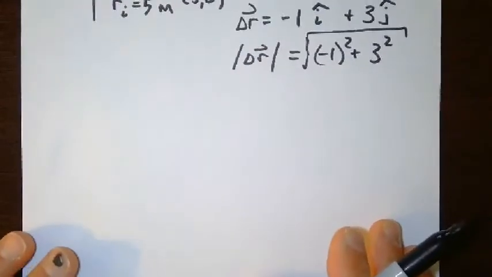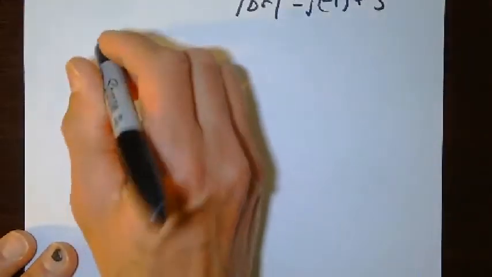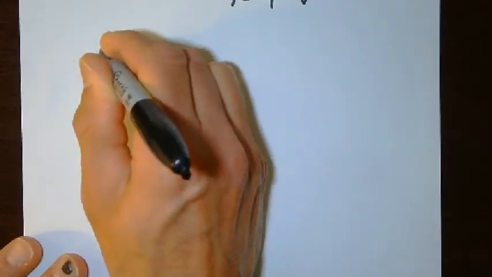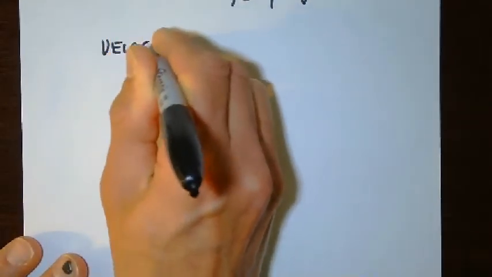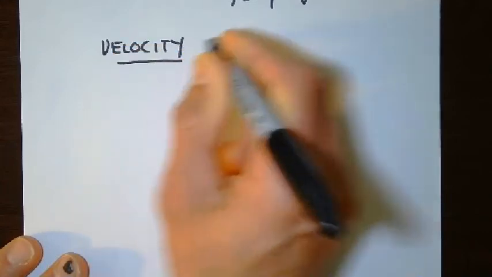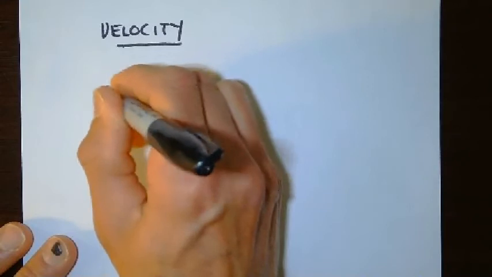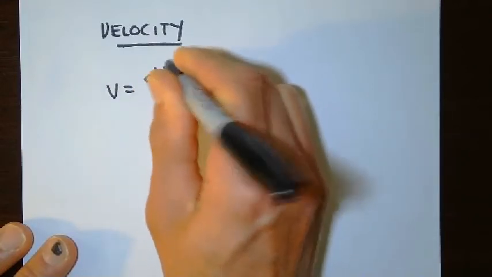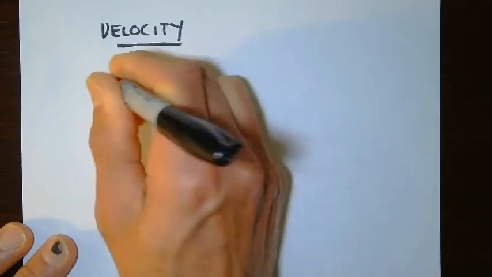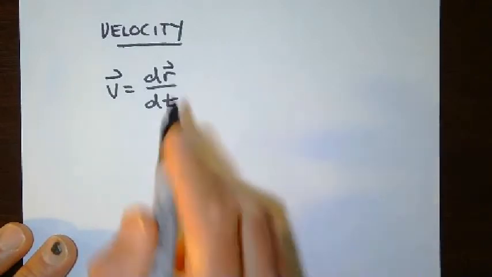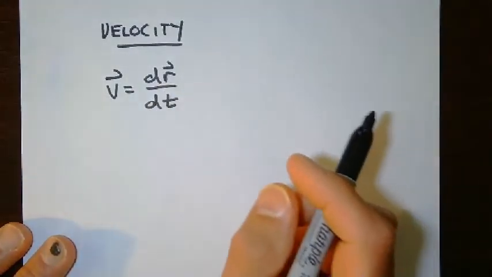Okay, almost done. Let's talk velocity. And we know that velocity is equal to the derivative of a position vector with respect to time, right? And so here again, this is like a radius.